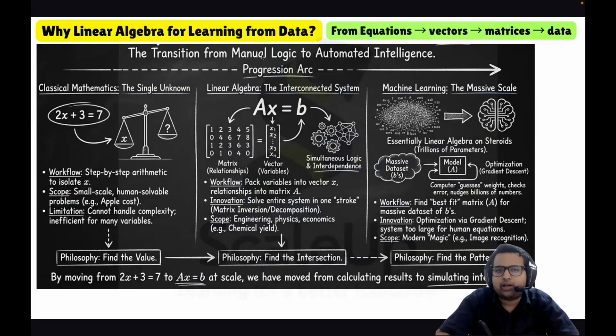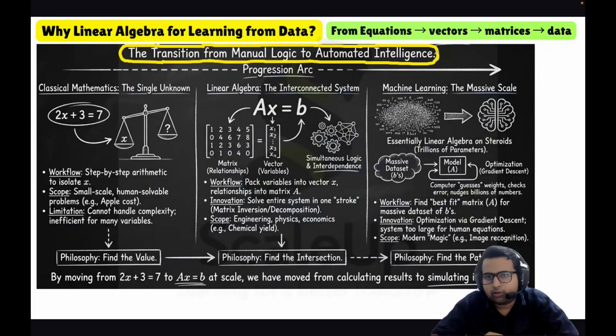Equations are valid only for static systems. An equation is like manual logic. So we are transitioning from manual logic to automated intelligence.